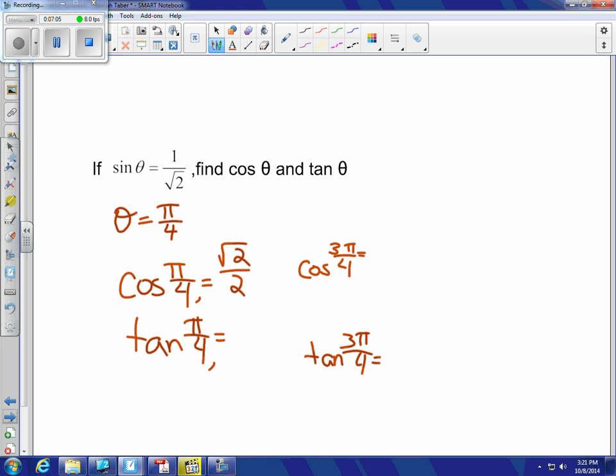Now, what about tan pi over 4? It's 1, right? This is still going to be the same numbers, right? Still the same. But now we have to ask ourselves, well, is it negative or is it positive? Look at your graph. Is cosine 3 pi over 4 positive or negative in the second quadrant?